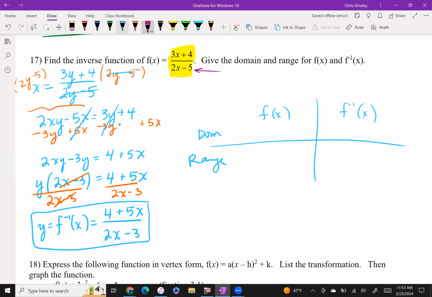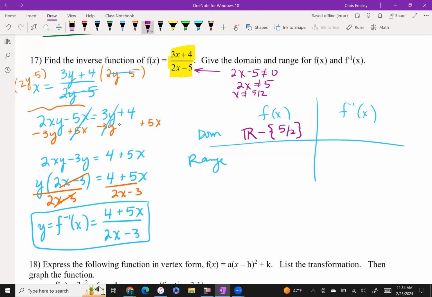So that's what we have to check on. We have to make sure that 2x minus 5 is not equal to 0. If that was equal to 0, it would be undefined. So I'll add 5 to both sides and then divide by 2. So the domain for our original function would be all real numbers except 5/2.